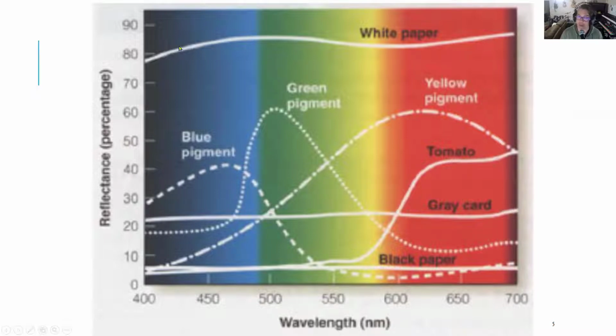White paper looks white because it equally reflects, I should say, all of the wavelengths of light. And black paper is the absence of reflection. So white paper reflects everything, black paper reflects very little, absorbs most of the light. Okay, so it appears black.